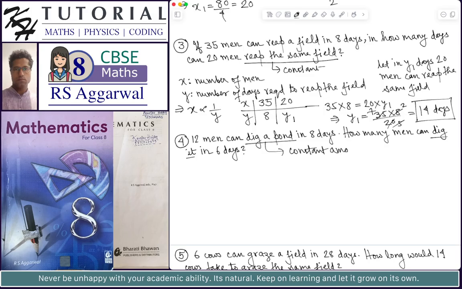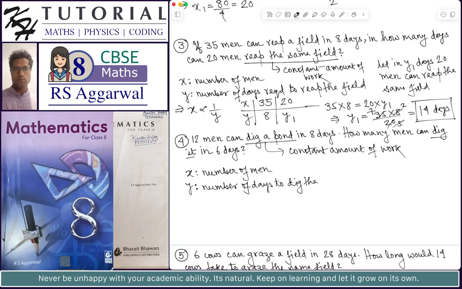So if I consider x as the number of men, and y to represent the number of days to dig the pond, then we can clearly see that x will vary inversely with y.